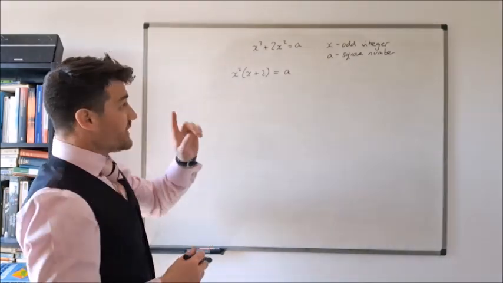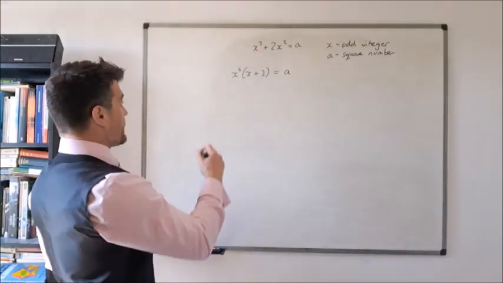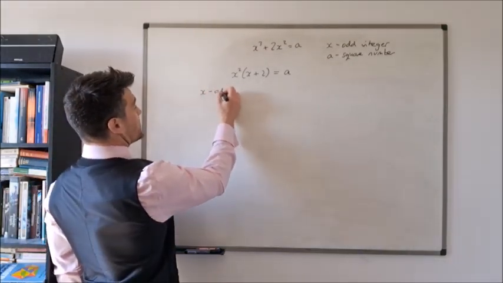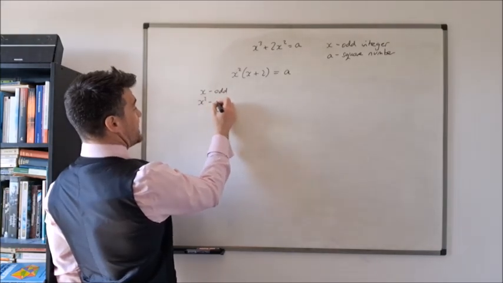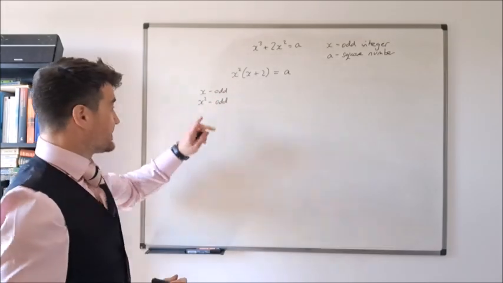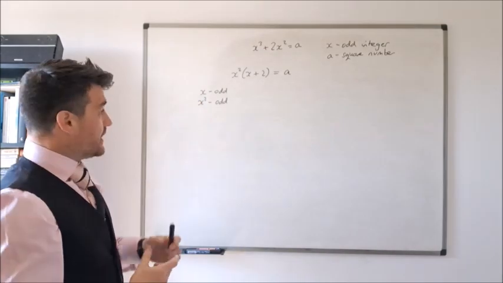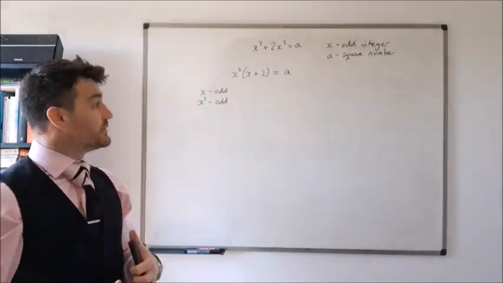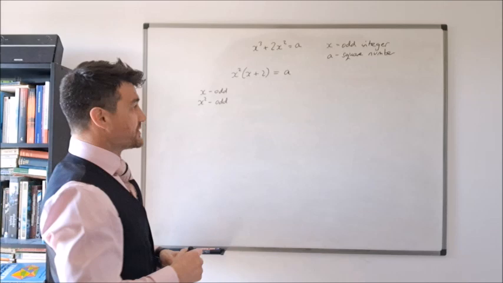Okay, so we know that x is an odd integer. So x is odd, which means that x squared is going to be odd. It's not difficult to prove that the square of an odd number is again odd.